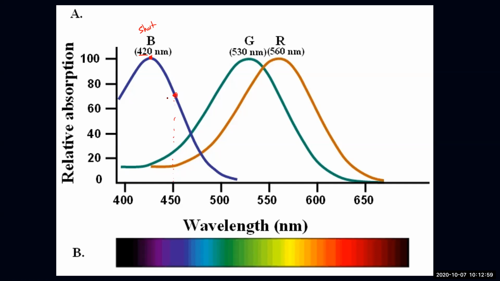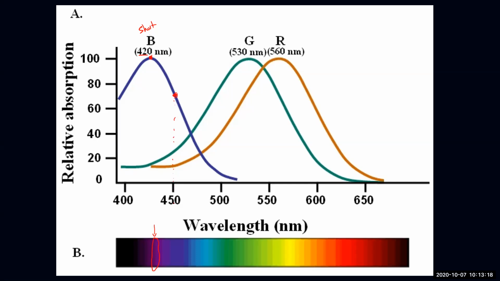So if we shine pure 420 nanometer light, you're going to perceive a purple. It's purple light. We'll get a fairly large response at this short cone.